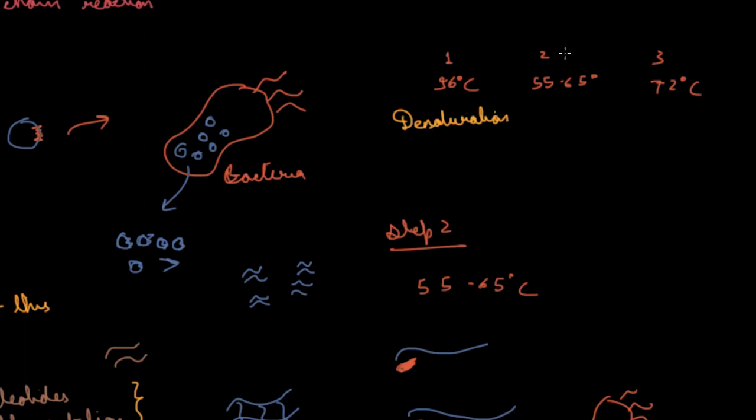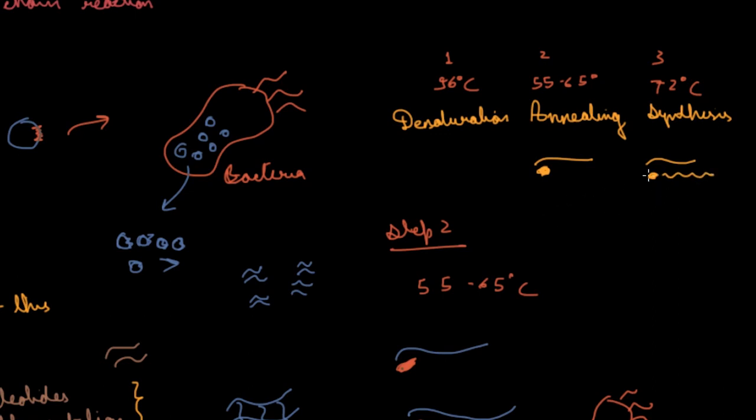The second stage is called annealing, which means the binding of the RNA primer to the single-stranded DNA. The last step is called synthesis, because here we are synthesizing another single strand in order to make the final double-stranded DNA.